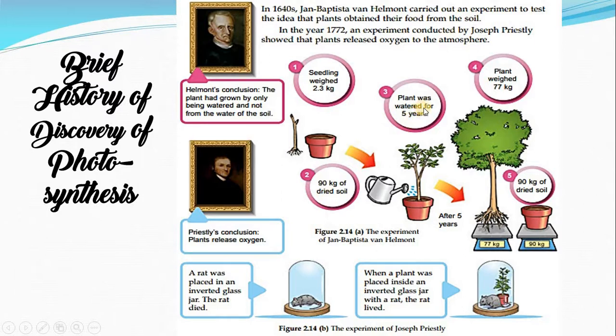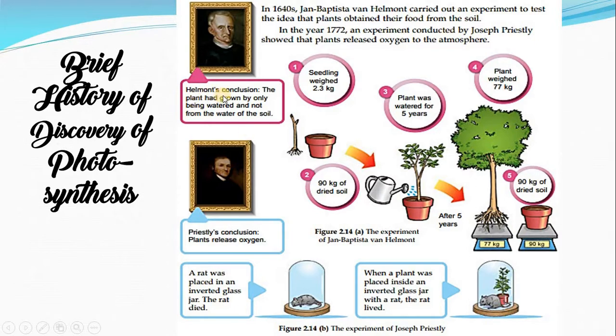The plant was watered for 5 years. Then after 5 years, what happened to the plant? The plant will grow, right? After 5 years the plant weight is 77 kg, and the soil is still 90 kg, which is the dried soil. So that is the Van Helmont experiment.